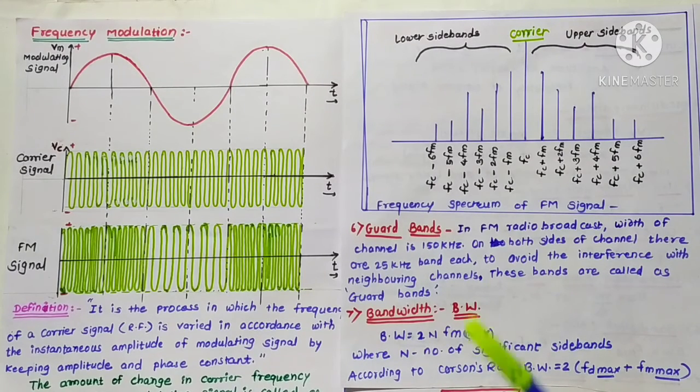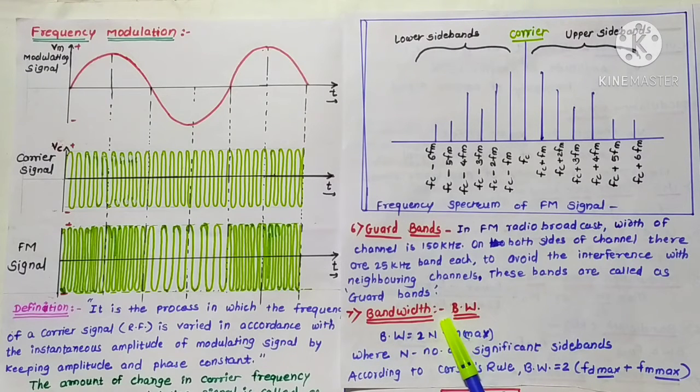So students, this bandwidth is the most important factor, and theoretically infinite bandwidth is required for an FM station. The higher the modulation index, the wider the bandwidth of the FM signal.